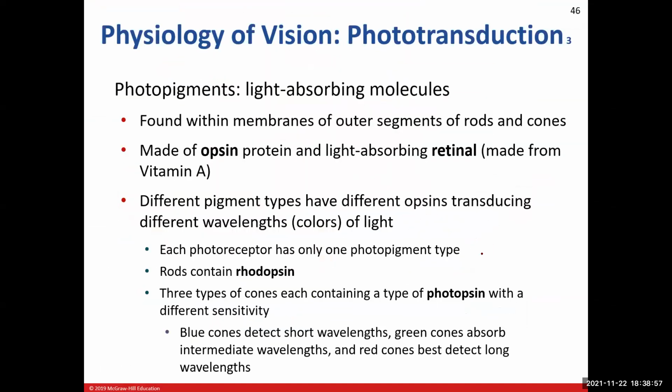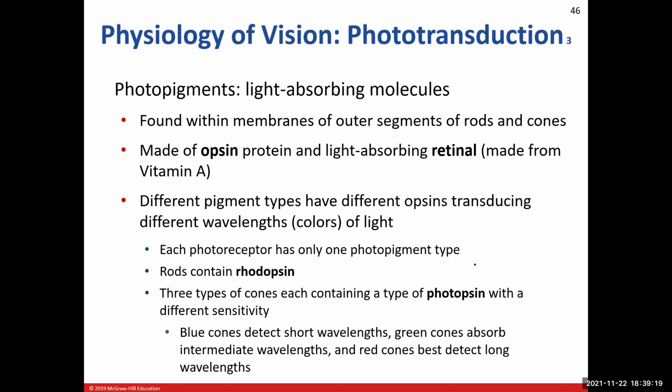So let's talk about these photopigments. These are the structures that, when light strikes your retina, are going to absorb that incoming light. Because remember, we've got to convert that light energy into electrical energy. We've got to get it into an action potential.